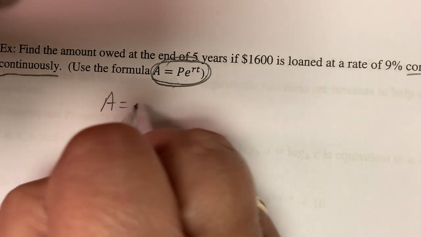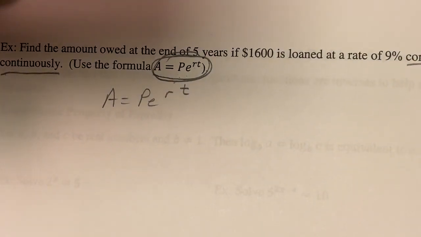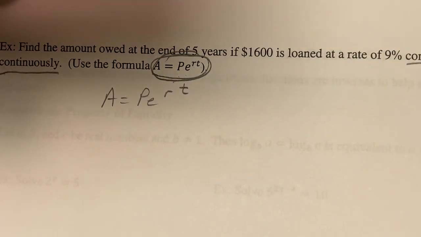So we want to find the amount owed at the end of 5 years if $1,600 is loaned at a rate of 9% compounded continuously.